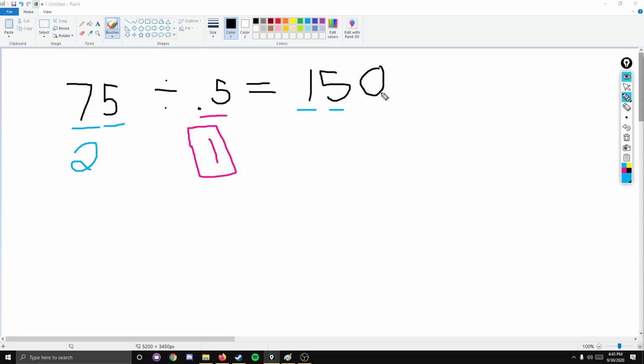The 0 is not significant because there's no decimal place. So in order to get 150 to equal 1 sigfig, right, it has to be rounded up so that we get 200.